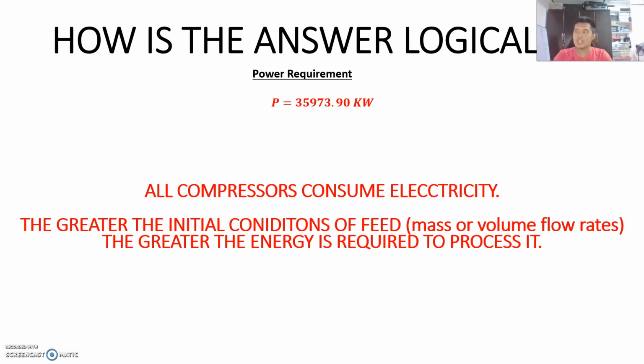One cannot comprehend the vastness of that amount in a physical sense. 1 million materials being processed in a singular unit operation. It makes sense that it requires a great amount of energy just to process it to our chosen outlet conditions. So 35,973.90 is a reasonable energy requirement to process 1 million cubic meters per day of natural gas.